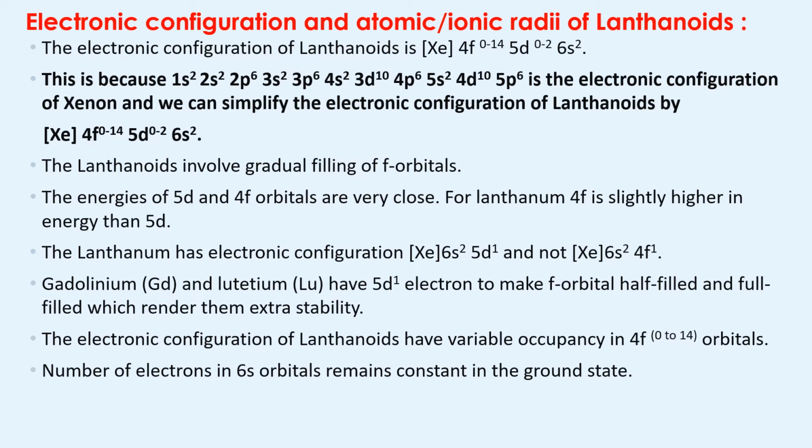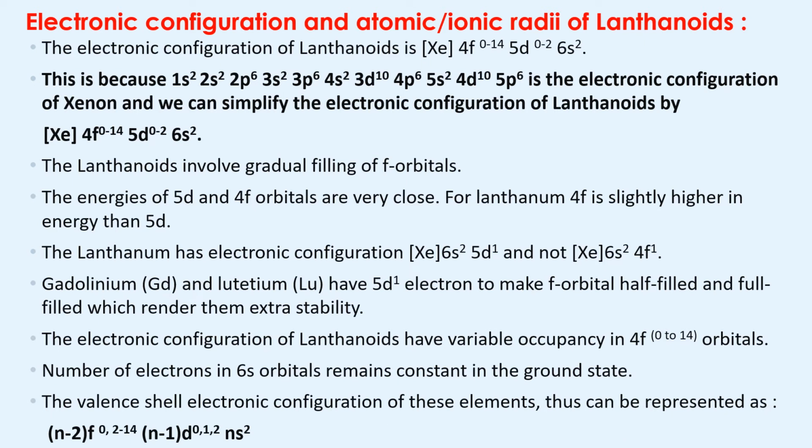The number of electrons in the 6s orbital remains constant in the ground state. So the valence shell electronic configuration of these elements can be represented as (n-2)f 0 to 14, (n-1)d 0, 1 or 2 electrons may be accommodated, and ns2. Now, n is 6 since lanthanum is in the 6th period, so here 6s2. For d it is 6 minus 1, meaning 5d, and for f, 6 minus 2, that is 4f.